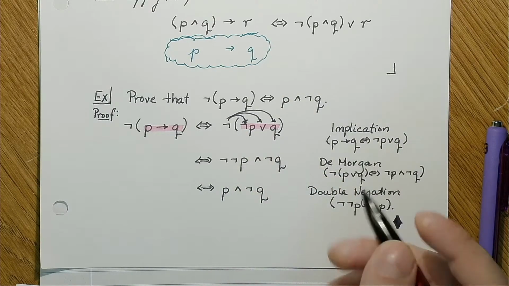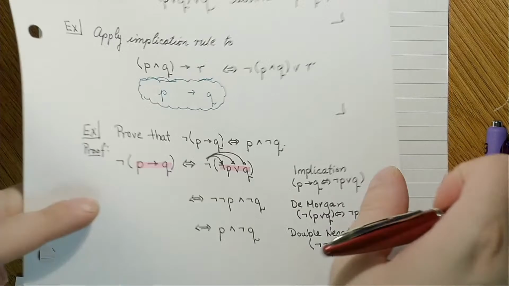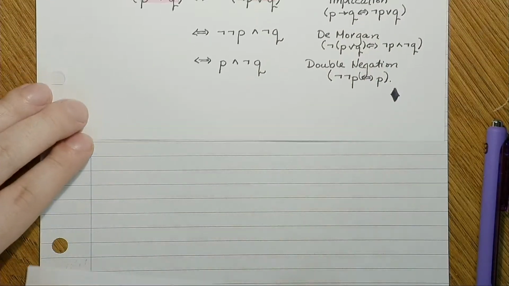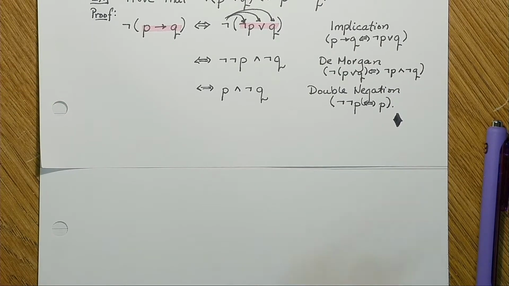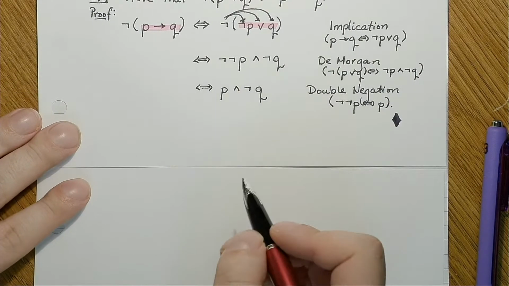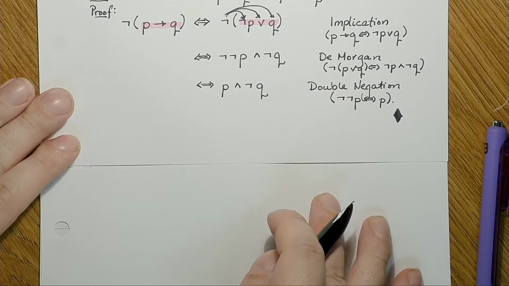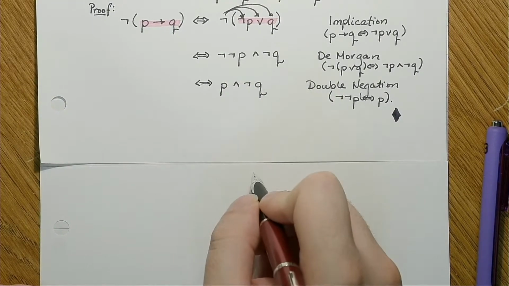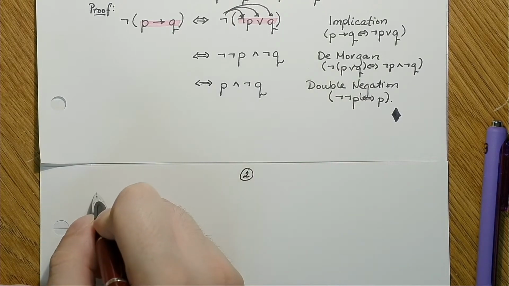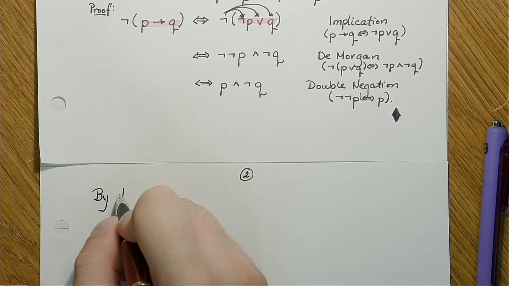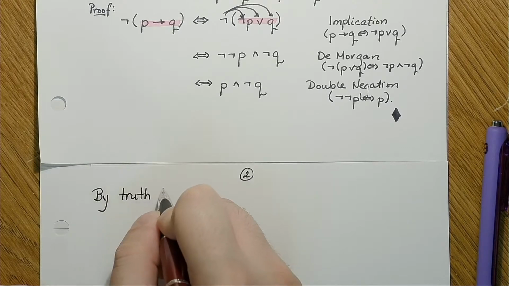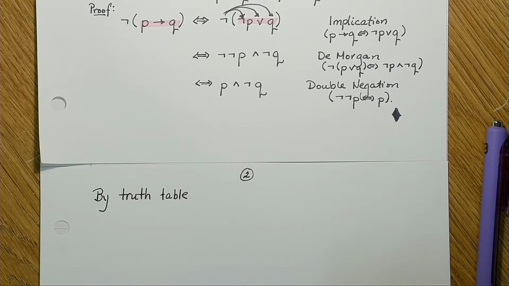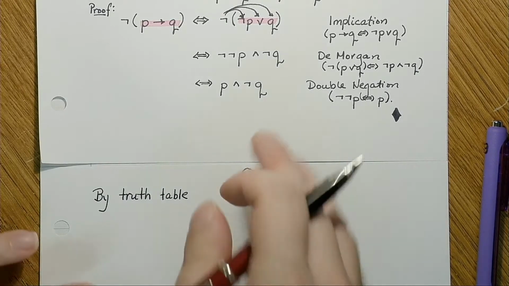Why not do a truth table? We can do it with a truth table. So just using Stephanie's suggestion, we'll do it by a truth table.